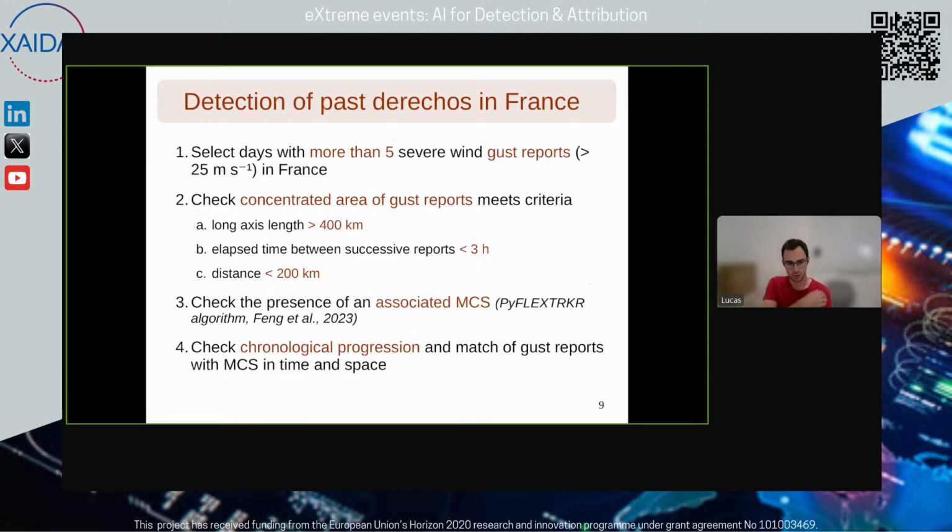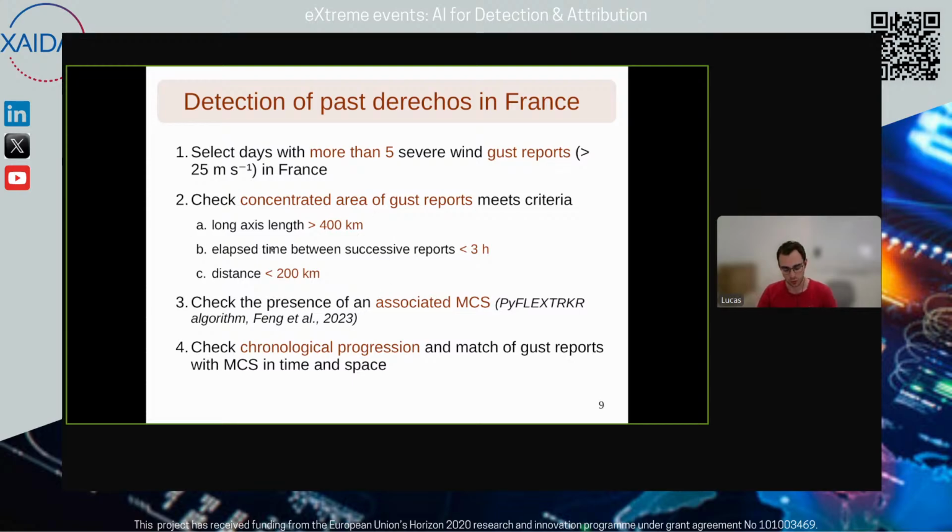So we use the following procedure. We first select days with more than 5 severe wind gust reports, knowing that severe wind gust is usually defined as being above 25 meters per second or 90 kilometers per hour. Then we check that we have a concentrated area of gust reports that meets several criteria. The area over which we have strong wind gusts must span more than 400 kilometers in its longest dimension.